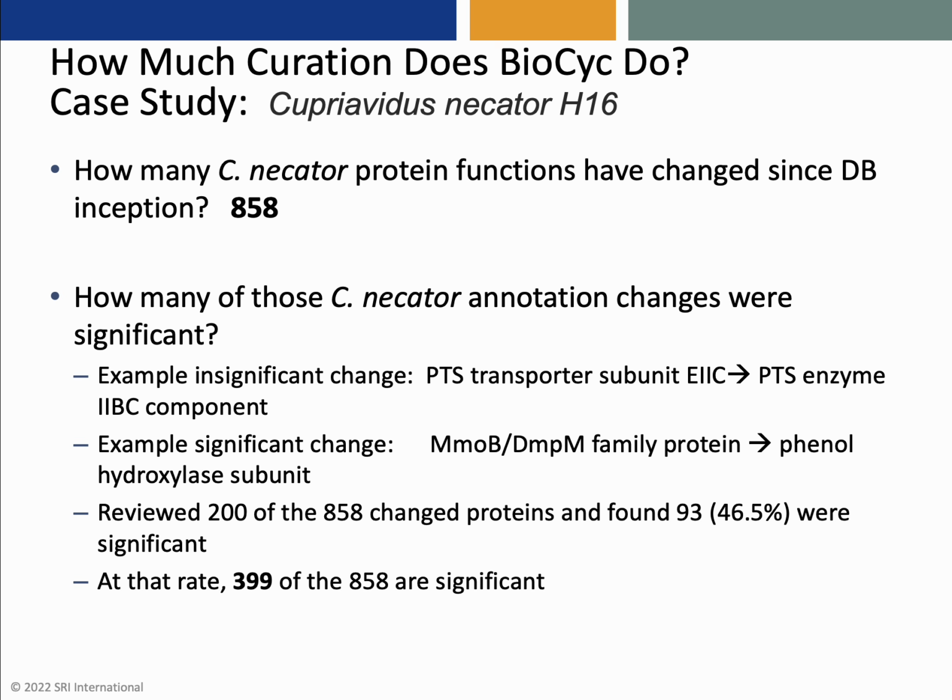Now, as we thought about this more, we realized that probably not all of those changes are significant. So for example, here's an example of an insignificant change, where the same transporter function was rewritten in a different way without really changing its meaning, but perhaps in a more standardized way.